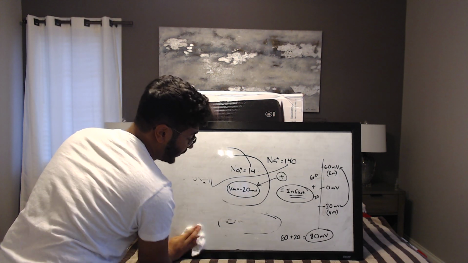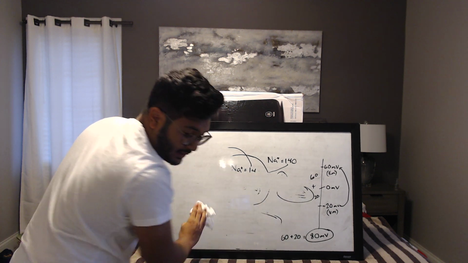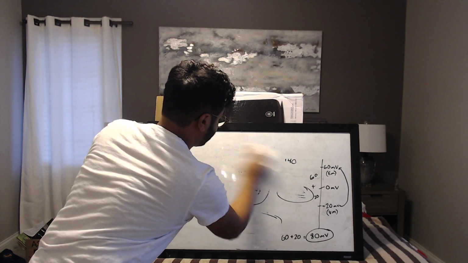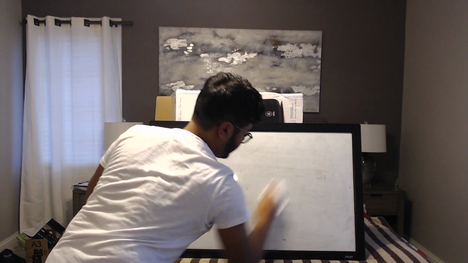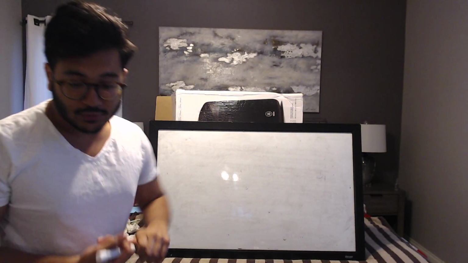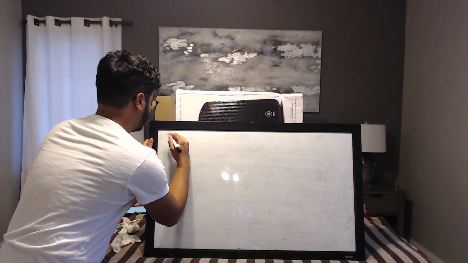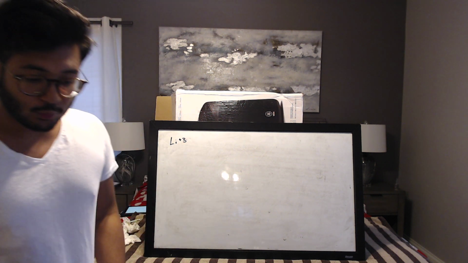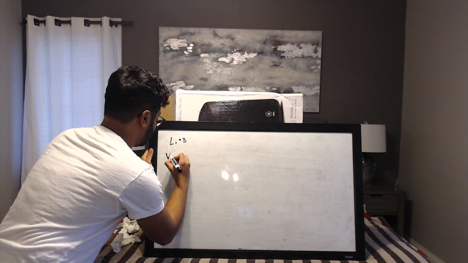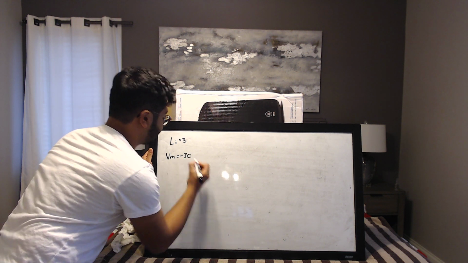All right, so for the next one, we're going to be given lithium as our ion. And we're going to be given a VM, which is going to be equal to negative 30.